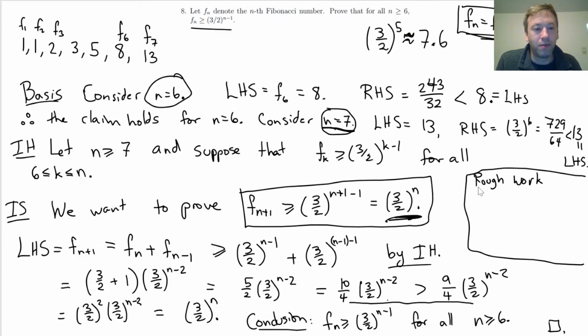If you were doing some rough work, just to see if your approach is going to work, you could take 5 over 2 times (3/2)^(n-2), and you want this to be bigger than (3/2)^n.